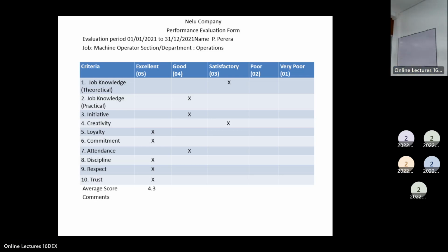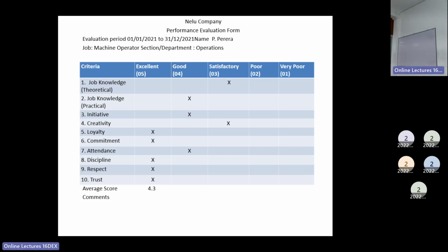Creativity? Satisfactory. How many marks? 3. Loyalty? Excellent. 5. Commitment? Excellent. 5. Attendance? Good. 4. Discipline? Excellent. 5 marks. Respect? Excellent. 5. Trust? Excellent.